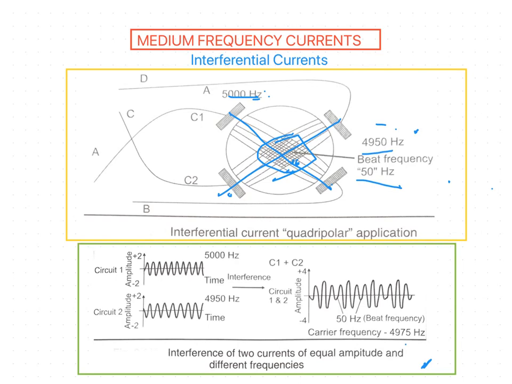Here you will have circuit 1 and circuit 2 of different frequencies. These two give interference.